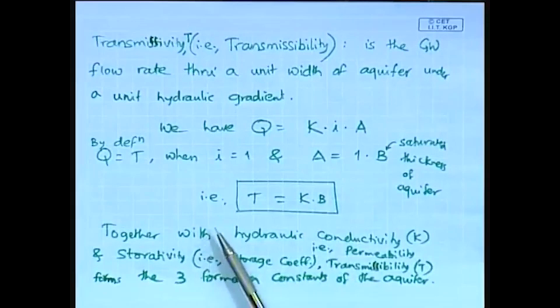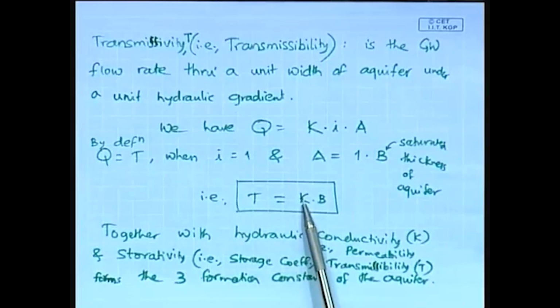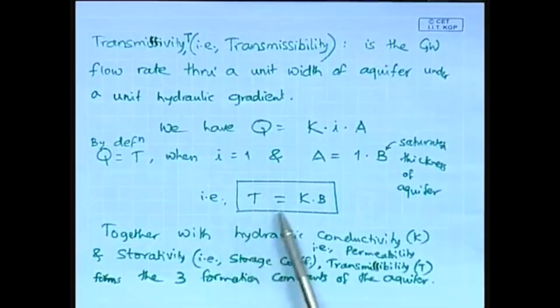So, the hydraulic conductivity K, also known as permeability, the transmissivity T, also known as transmissibility, and the storage coefficient S, also known as storativity, form what are known as the formation constants of the aquifer.